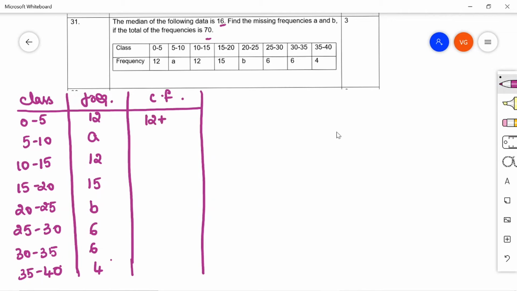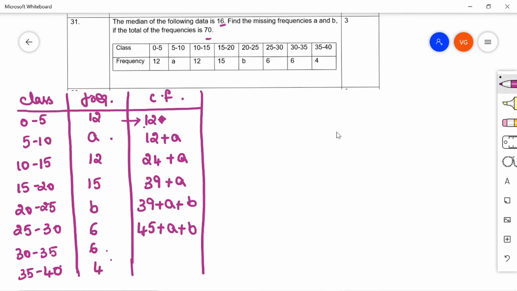So I am writing down the cumulative frequency: 12, and then 12 plus A, 12 plus 12, 24 plus A, 24 plus 15, 39 plus A, and 39 plus A plus B, 39 plus 6, that will go to 45 plus A plus B, again 45 plus 6, 51 plus A plus B, then 55 plus A plus B, right?